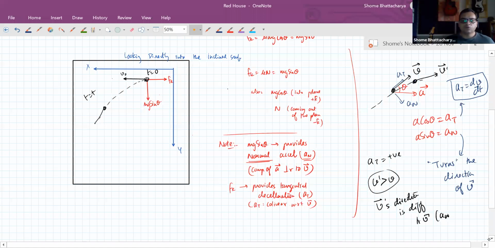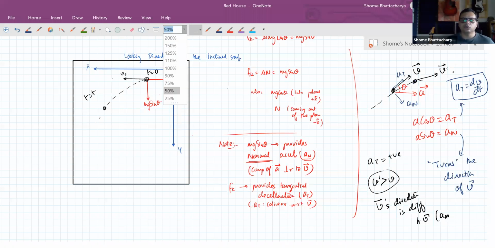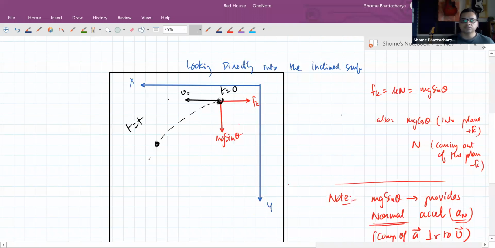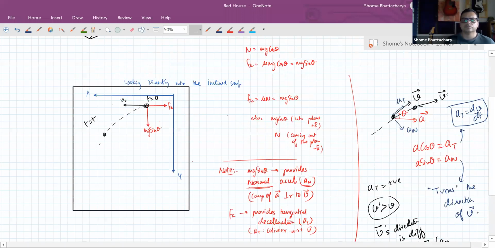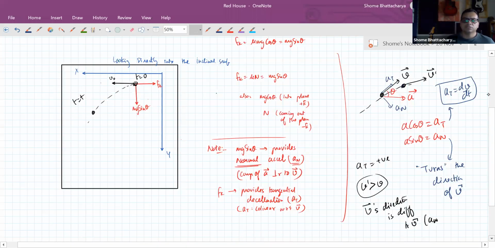So hope the concept of normal and tangential acceleration is clear to all of you. In fact, just make a clear note, or go through the side note that I've written where I've explained normal and tangential acceleration. Just go through this part once more and make sure this is clear.